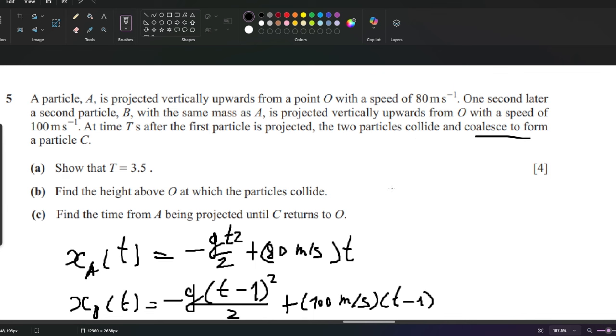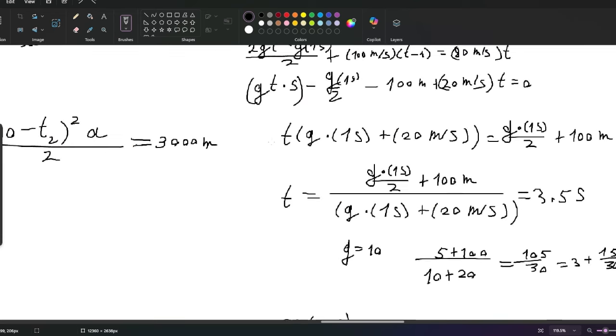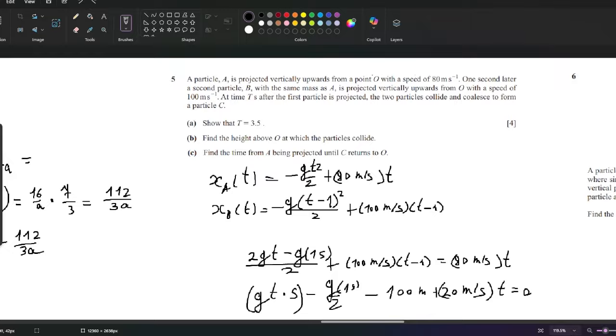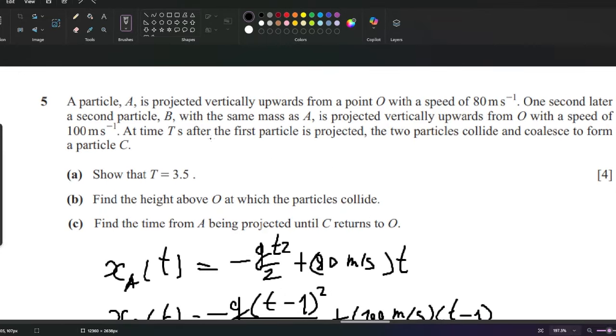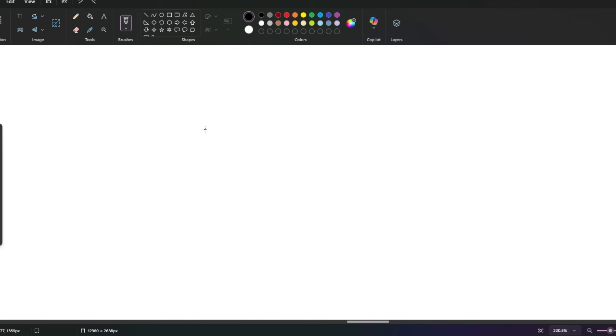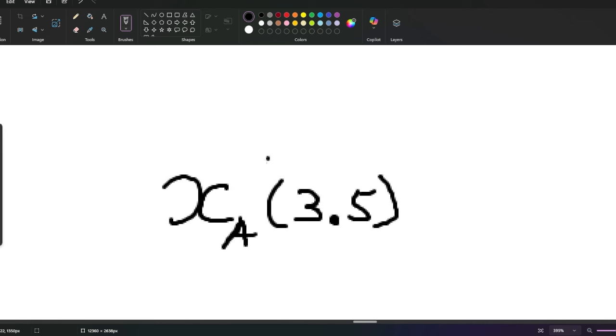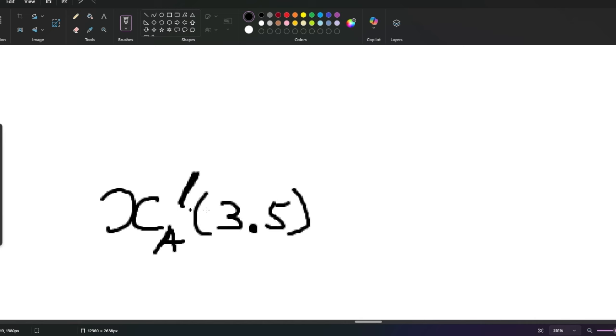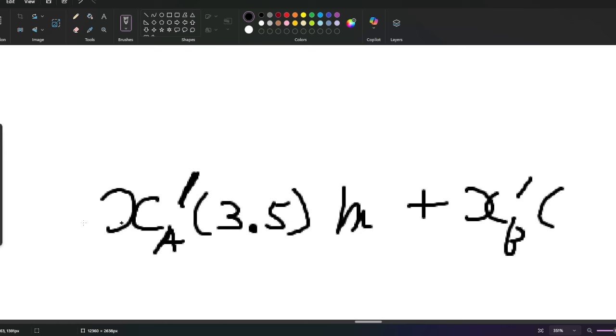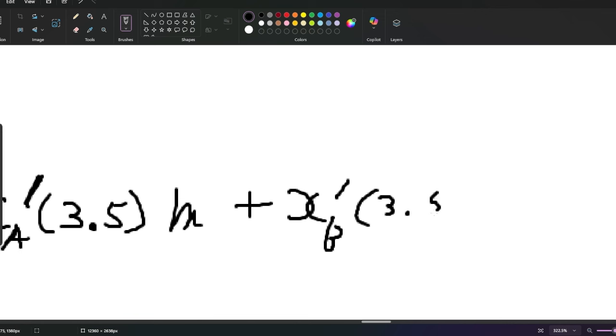What does coalesce specifically mean? Okay, I just googled. This is pathetic. They form one body with a combined mass, so the new mass is going to be 2m. Momentum is going to be xA prime of 3.5 times m plus xB prime of 3.5 times m.